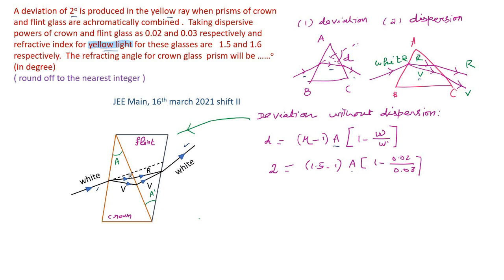Our aim is to find A. This mu is for yellow color of the crown glass, because it's unprimed. So 2 is equal to half into A into 0.01 divided by 0.03. How do you get this? Take the LCM: (0.03 minus 0.02) divided by 0.03.